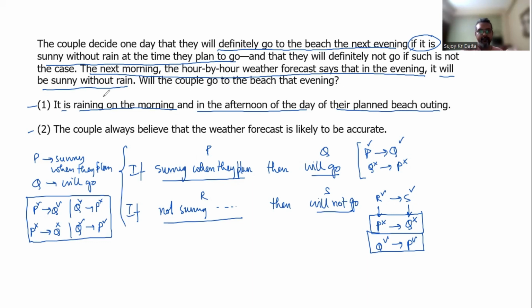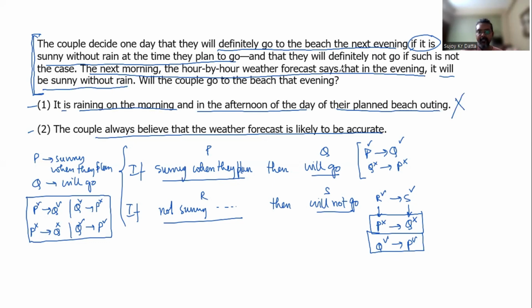So once we know all this, statement 1, it is raining in the morning and in the afternoon, you can't say anything, as we do not know what time they were going to plan, or if they had already planned. Statement 2, they believe the weather forecast is accurate. They might believe that, but the main stem does not say anything about them relying on the weather forecast to decide.